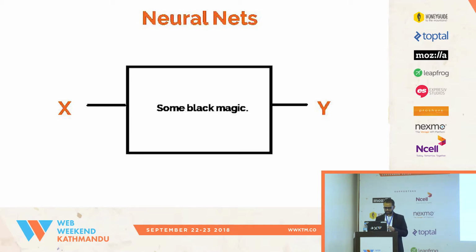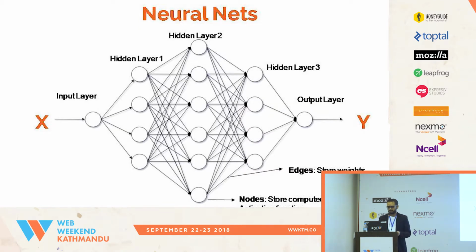But let's try to open this Pandora's box a little bit, and you'll see some nodes and some crazy complicated stuff. You can see some layers, you can see edges that show some weight, nodes that show some computed values, and activation functions, blah blah blah. So we will deal with these complicated looking things, and we're going to dissect everything from scratch.